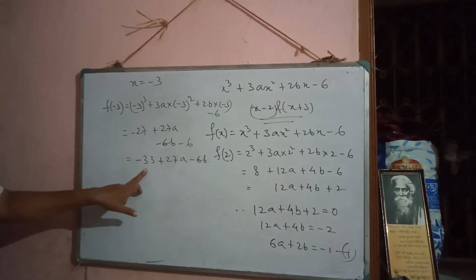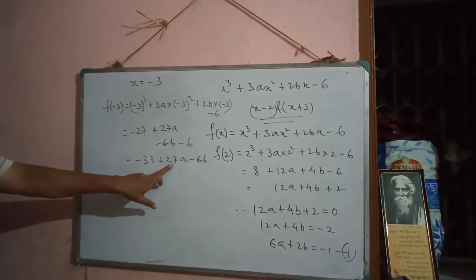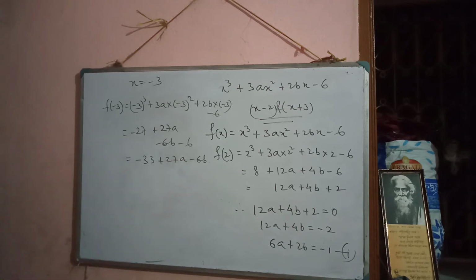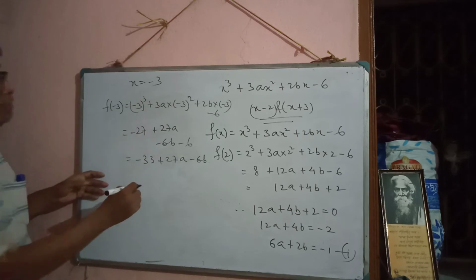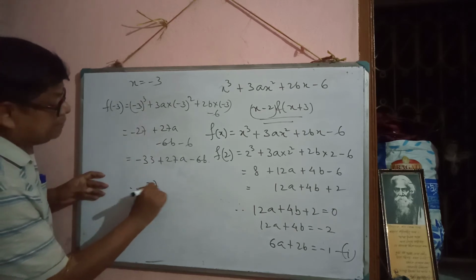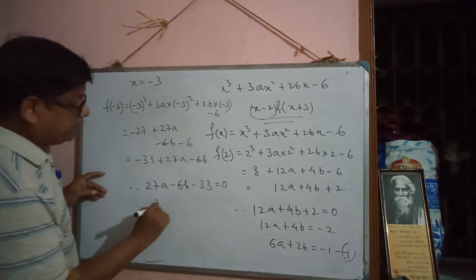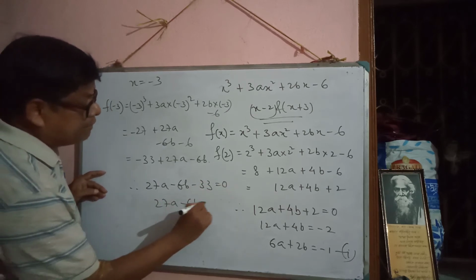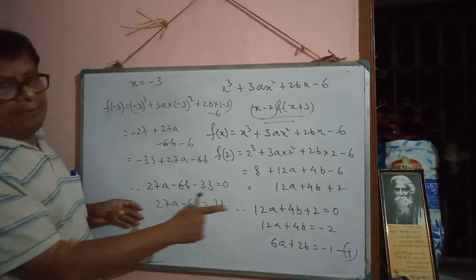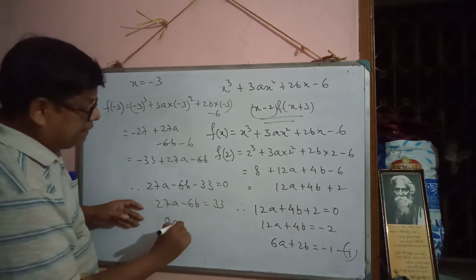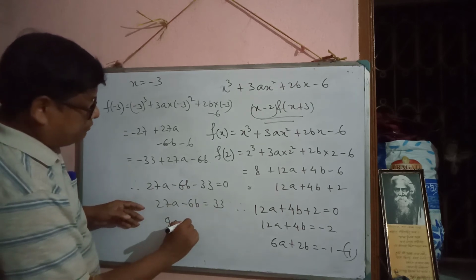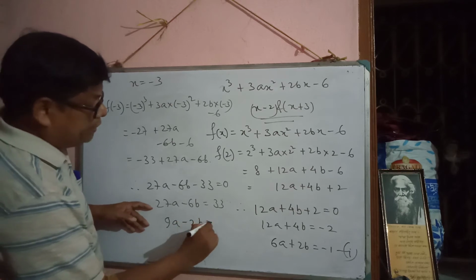Since the factor is given, 27a minus 6b minus 33 equal to 0. Then 27a minus 6b equal to 33. It is divisible by 3, so 9a minus 2b equal to 11.